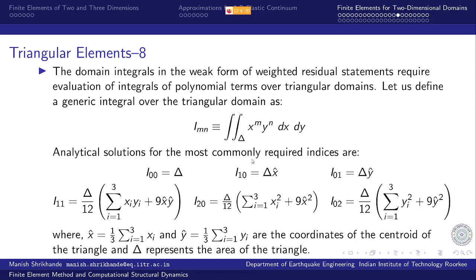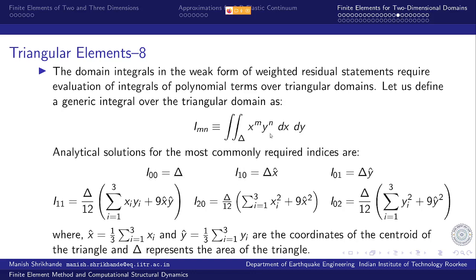Some of the most commonly encountered results: if it's a constant integration, then it's a no-brainer. The double integral dx dy is simply going to be equal to the area of the triangle, and that is what I00 is equal to, the area of the triangle.